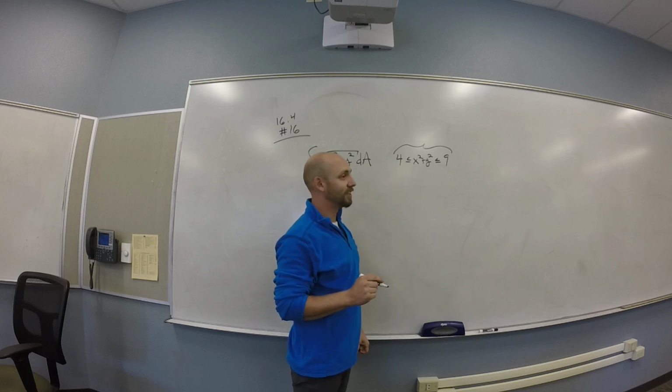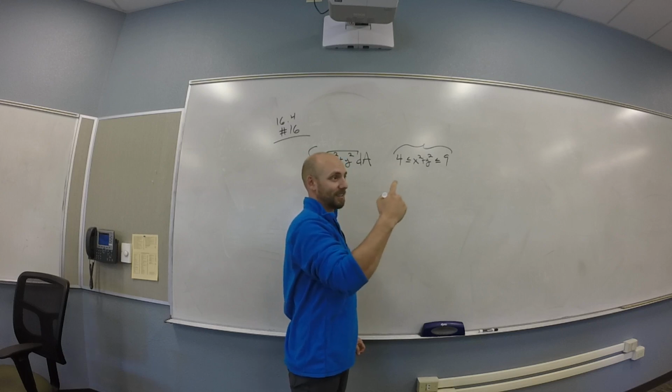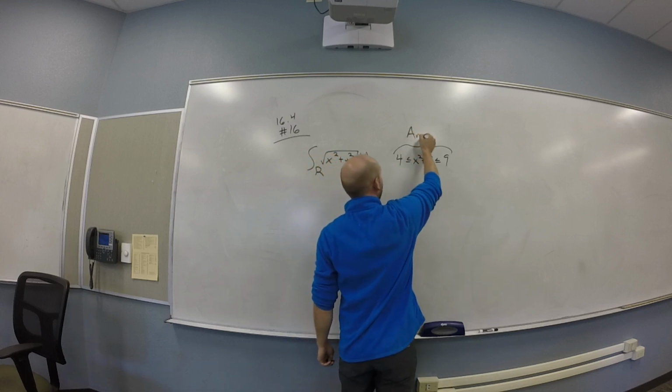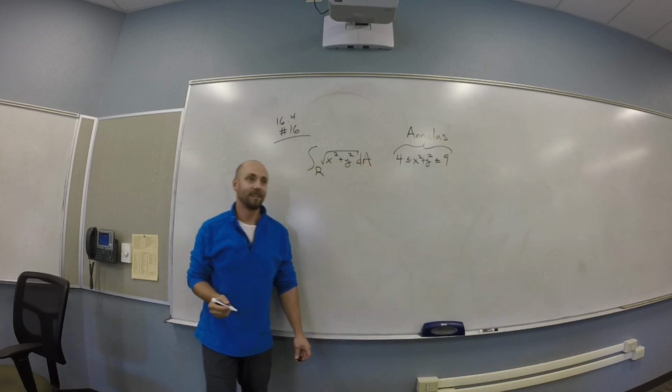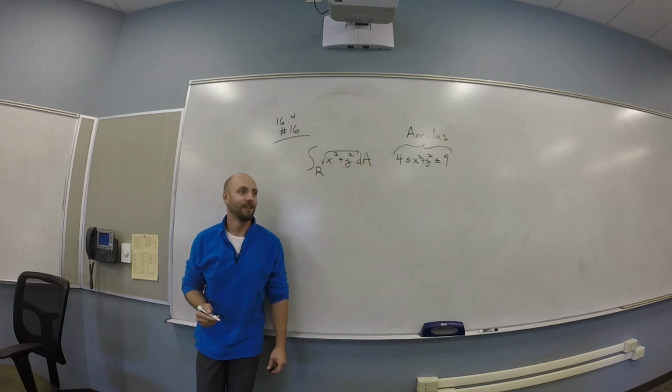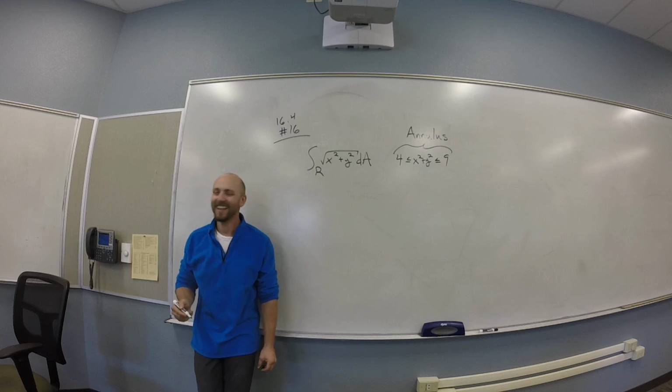The word I need to learn is for shapes like this. This is an annulus. What does that look like? It's like a two-dimensional ring. It's a washer.